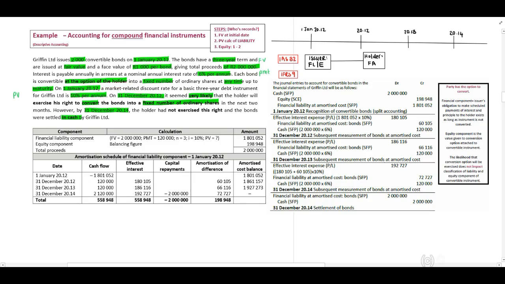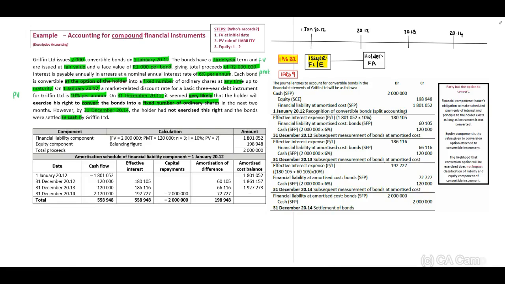Now guys, when we look at our steps, step 1, in terms of IAS 32, we are looking at this from the perspective of our issuer. Therefore, in our issuer's records, this is either a financial liability or equity.